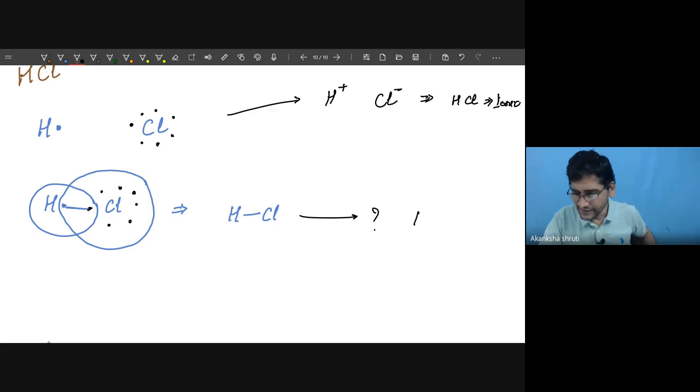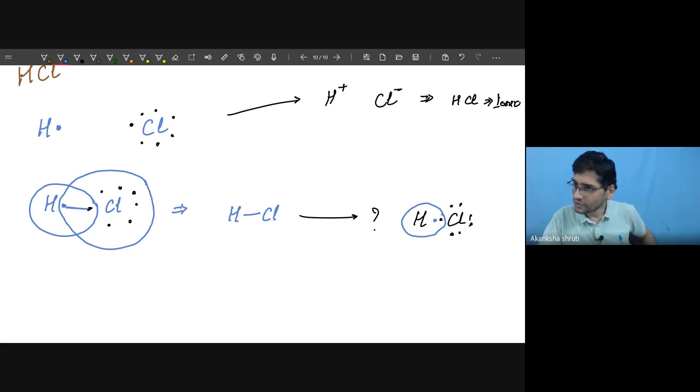See, why is that? Hydrogen and chlorine, though they will share the electron, but chlorine has more tendency to pull the electron. So the electron which was shared is now closer to the chlorine and slightly away from this hydrogen.